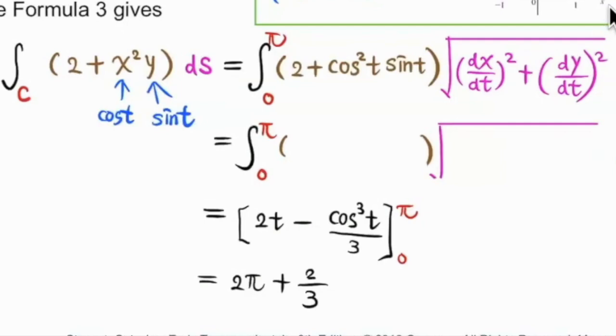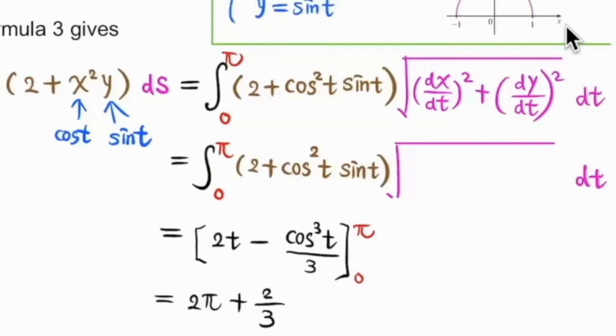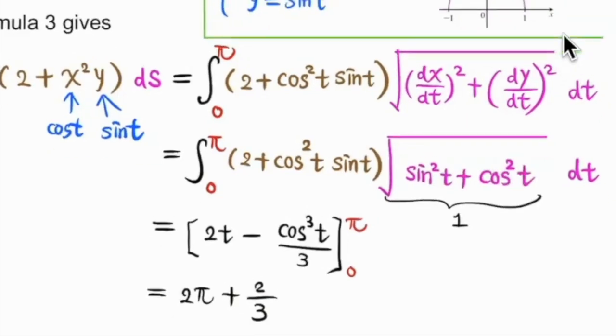Now after that, we're going to find dx dt and dy dt. So what is dx dt? X is this, dx dt is negative sine t, right? Yeah, you got it. And then dy dt is cosine t. When you square that, that will become sine square t plus cosine square t, which is equal to 1, right?